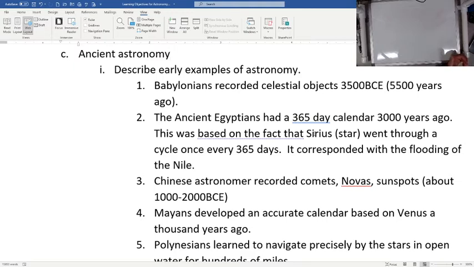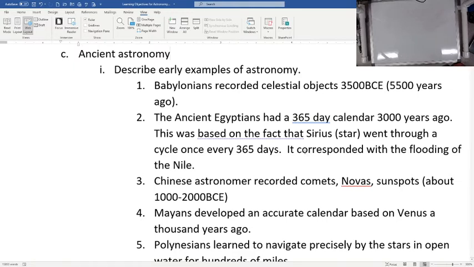In other words, it was rising with the sun on the eastern horizon, and then 365 days later it was back to that spot again. They correlated that cycle with a year and built their calendar around it and got about 365 days. And so that was a great discovery.